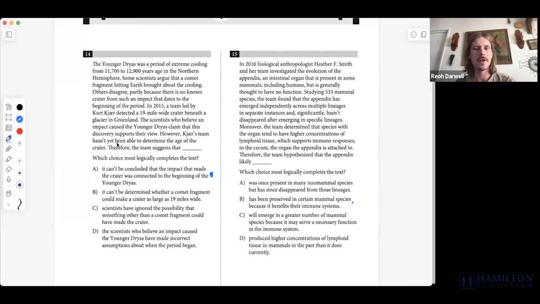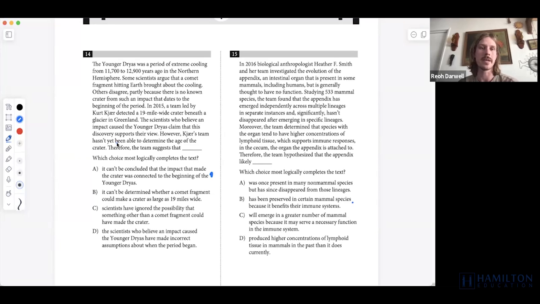So question 14 here is a pretty classic example of a logical inference science type passage where we are talking about a kind of thing that's debated within the scientific community and then a finding that may have some sort of relationship to that debate. However, what do we need to know?